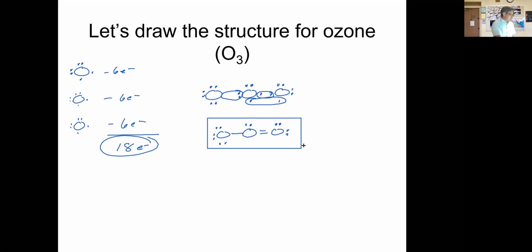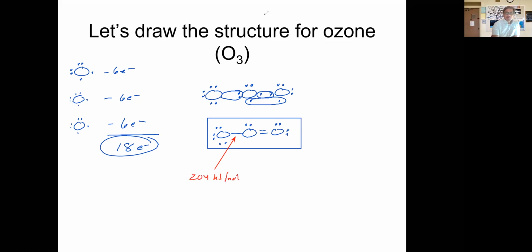Now, the problem that we have, let me just get my table again really quickly to point this out. What we should observe is that if we total up the bond energies, that's an oxygen single bond, which has a bond dissociation energy of 204 kilojoules per mole.